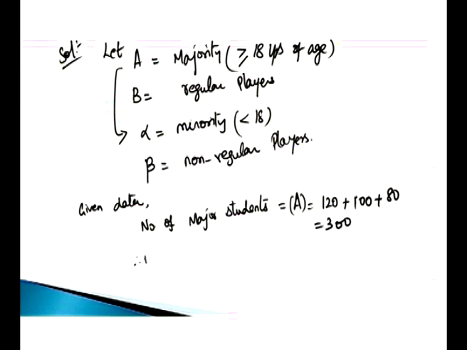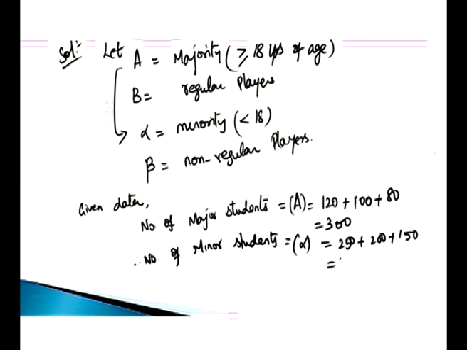So, therefore, number of minor students will be alpha which is equal to 250 plus 200 plus 150, which is equal to 600.